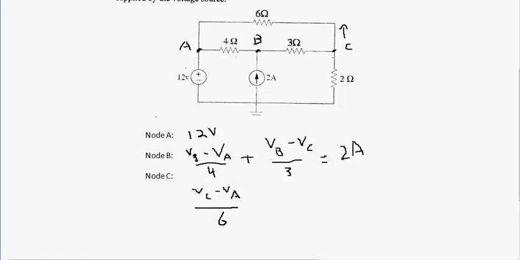Now we have another current going out: plus VC minus VB over the resistance 3 ohms. And the current going out this way: plus VC minus ground, and ground is 0, so it's essentially VC over the resistance 2 ohms, equal to 0.